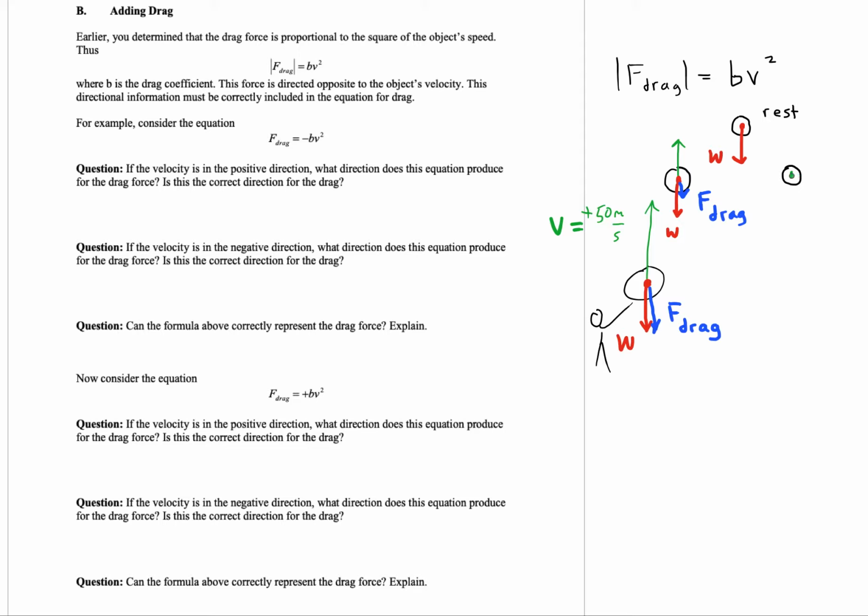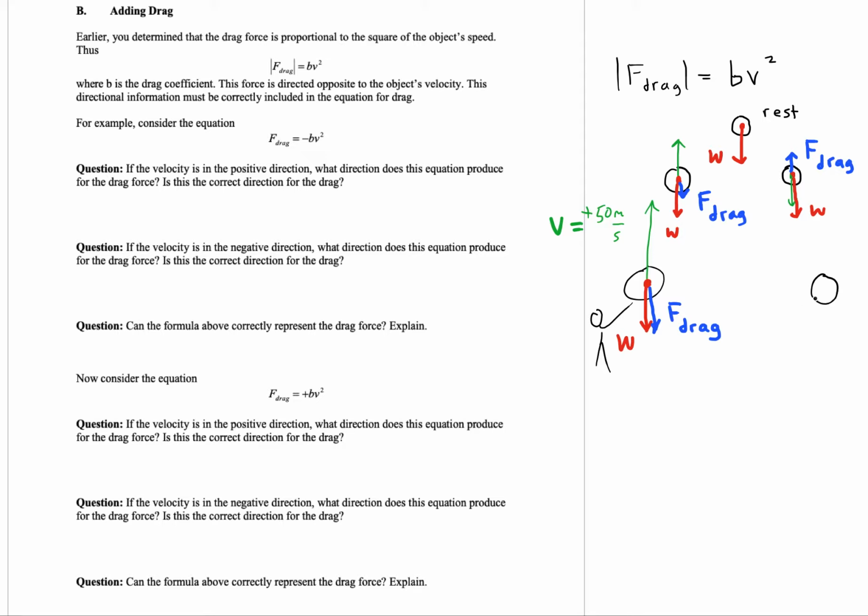Velocity is going to go down this time. And the weight remains what it was. But the drag force switches direction. Now the drag points up, because the drag is always opposite the velocity.